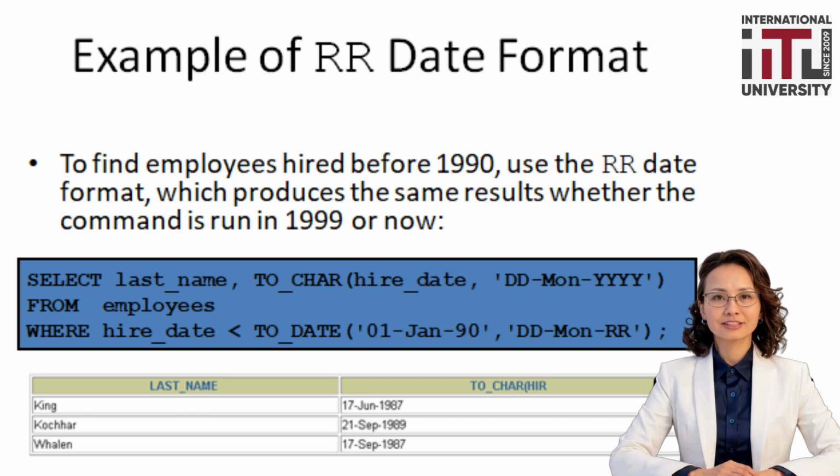The query selects employee last names, displays their hire dates in a readable format using TO_CHAR, and filters employees hired before 1990. Key point: using RR guarantees that the query returns consistent results over time. It works correctly whether executed in 1999, 2001, or today. If the YY format were used instead, Oracle might interpret 90 as 2090, leading to incorrect results.